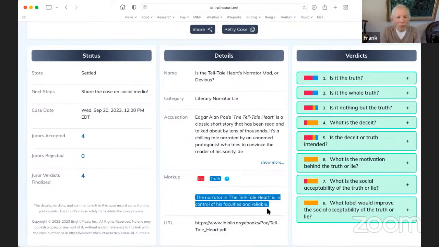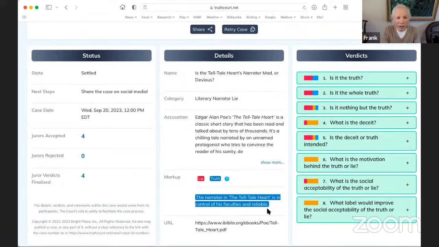And while the jurors were able to answer a number of different questions about this mythical or fictive narrator that Poe brought up, they were able to do so by using our same 8 verdict questions that we use to analyze other kinds of comments and things that we hear on the internet and in the media. So this opens up the door for this type of usage as an education tool. So I'm happy to see that.